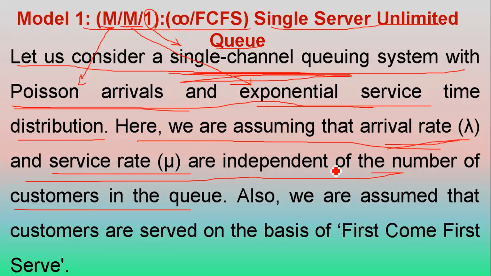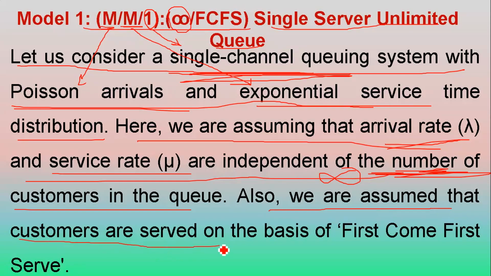Those are independent of the number of customers. So here the number of customers may go up to infinity. That is already indicated in this notation, right? And last, we are assuming that customers are served on the basis of first come first serve. If you are coming first, then you will be served first, right? That is nothing but FCFS. So that is again the meaning of these notations, right?